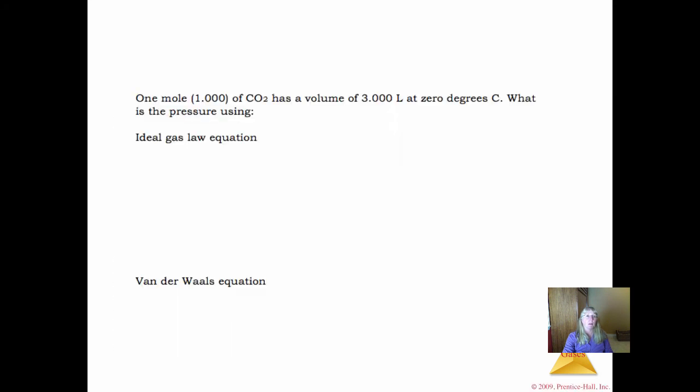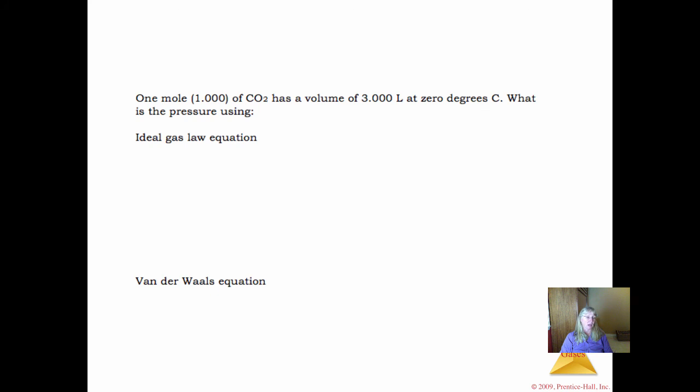In addition to that problem, please notice this screenshot right above that, where you're being asked to calculate, using the ideal gas law equation, the pressure of 1 mole of carbon dioxide. This time the volume is 3 liters and the temperature is 0 degrees Celsius. When you walk through the door tomorrow, I will be looking for this entire sheet to be complete, to be able to get credit for having done the Vodcast tonight.